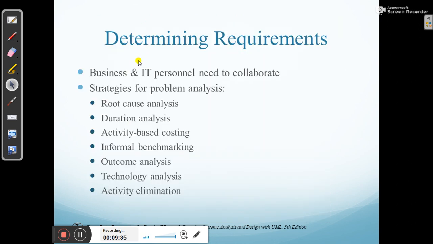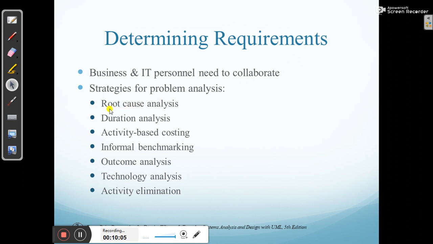To determine the requirements, we have to adopt some strategies. Strategies for problem analysis. And also we need to collaborate with all the business and IT personnel in the system. So our strategies would be like this.